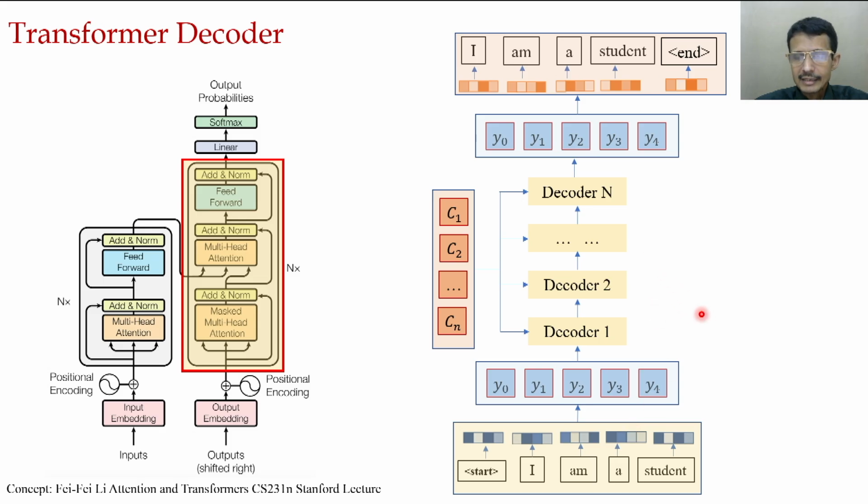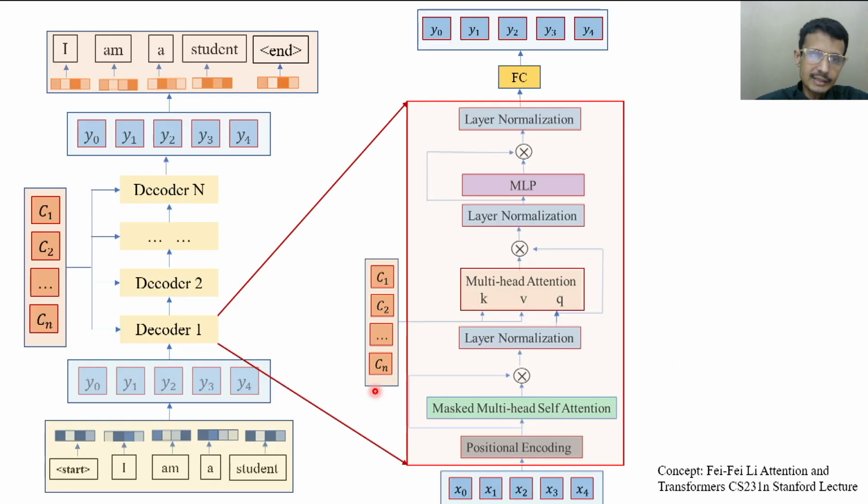So in that sense it is an autoregressive kind of thing, and this is a very common thing in this kind of example. In the transformer also it is being used. Now what is important is what the architecture within a decoder is. We will see that one by one. Now here you can see that decoder 1 has been expanded.